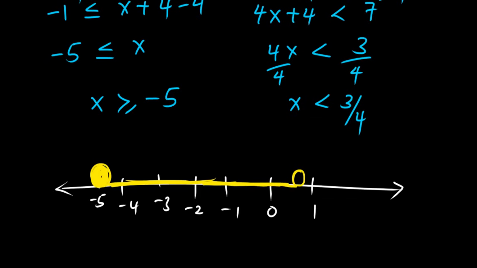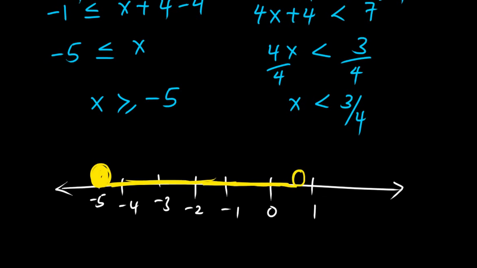That is how to represent this inequality on a number line. I believe you can recall that. As I said, I'm going to leave a link in the description box that is going to direct you to that video where we learned about linear inequalities.